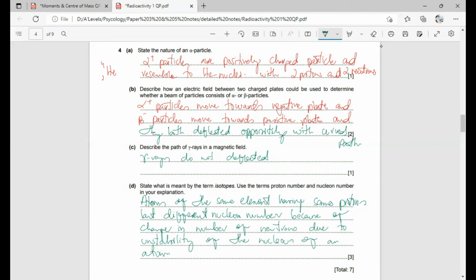Got it? So this is the way how to solve questions.